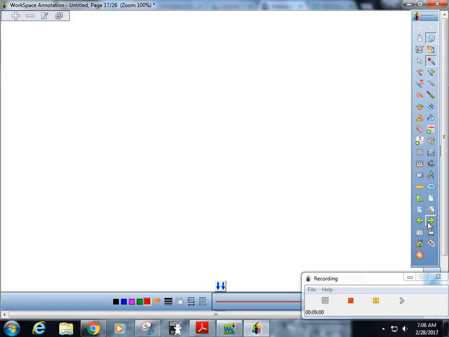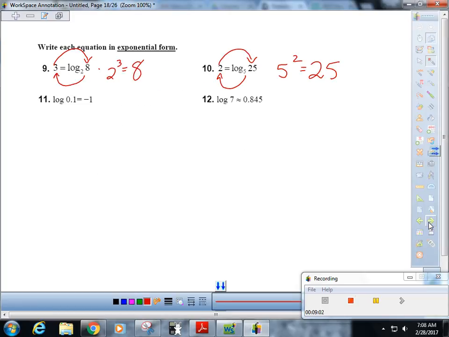So when we get to a question like number 11, you have to imagine a 10 down there, okay? So what does that mean? That means, well, you could actually write this as negative 1 equals log base 10 of 0.1.